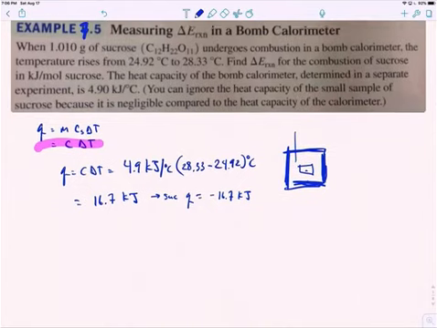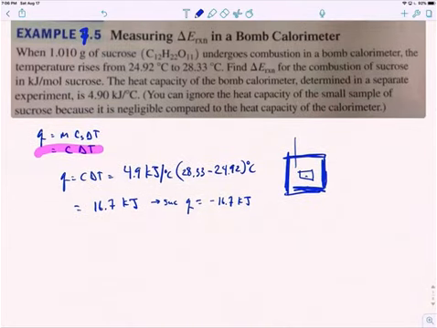Now, the next part is we have to figure out, so we have minus 16.7 kilojoules, and this is per 1.01 grams of sucrose.